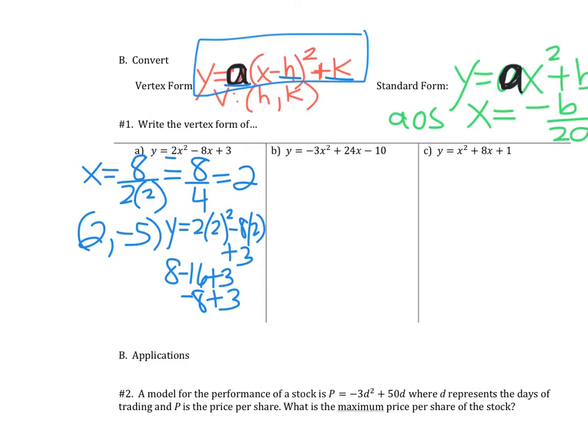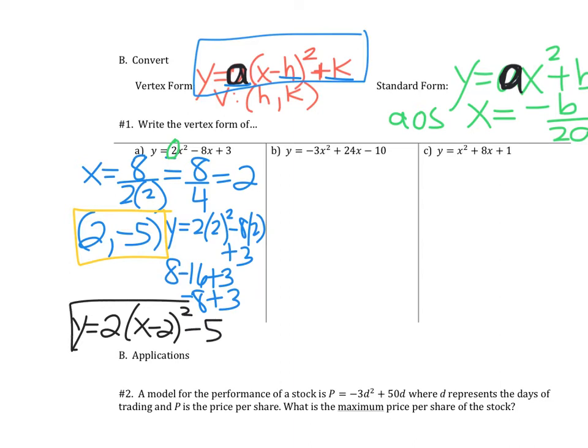Okay, so we're ready. We have the vertex. We have 2 as our a, so let's write the equation. Y equals 2 times (x minus 2) squared minus 5. And that would be the answer.